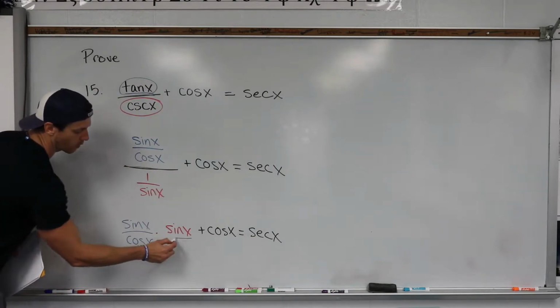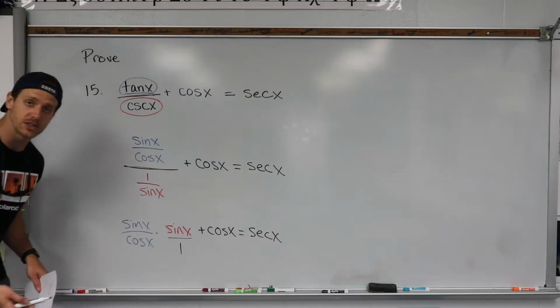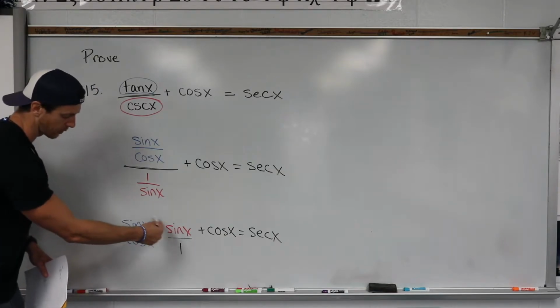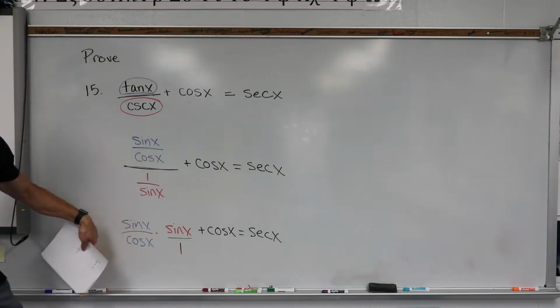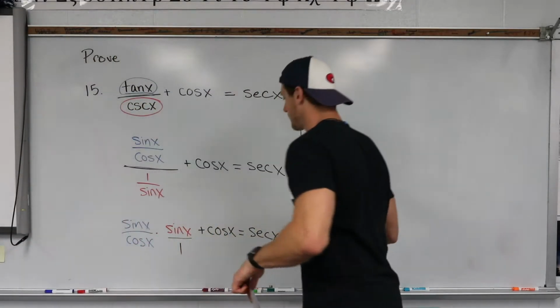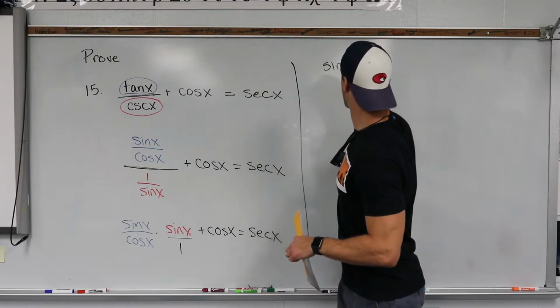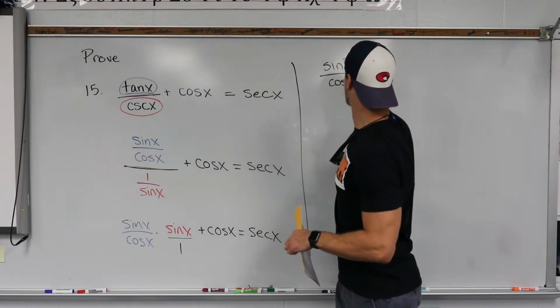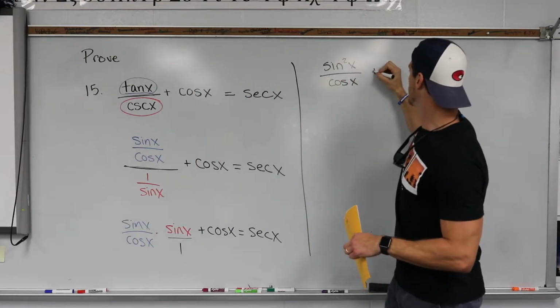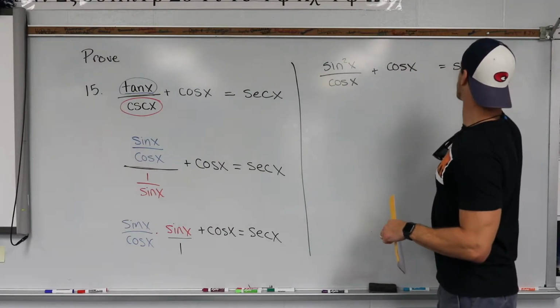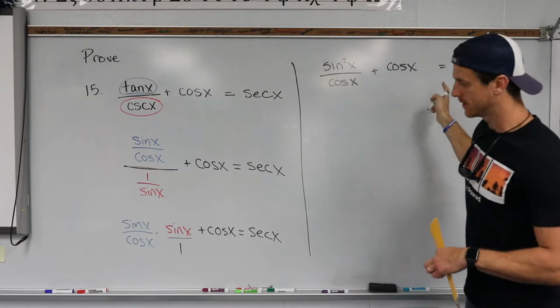This is like saying over 1. When you multiply fractions, you multiply the numerators and you multiply the denominators. We'll just multiply it to the top. So you get sine squared of x over cosine of x plus cosine of x, which should equal secant of x. We're going to get there.